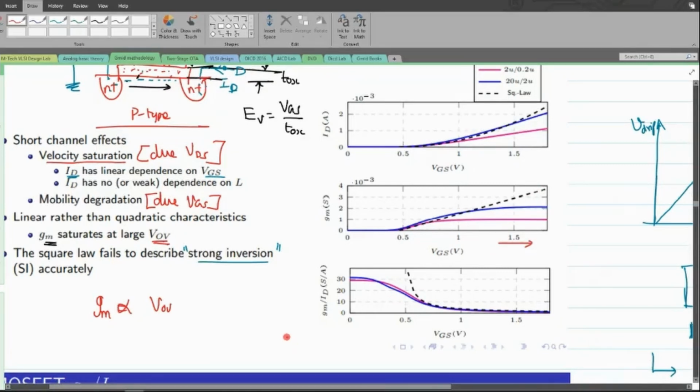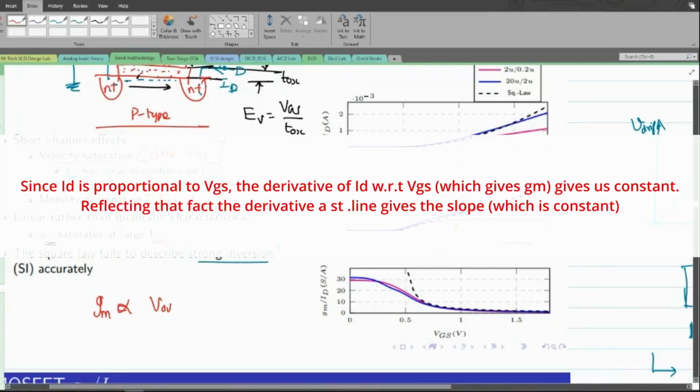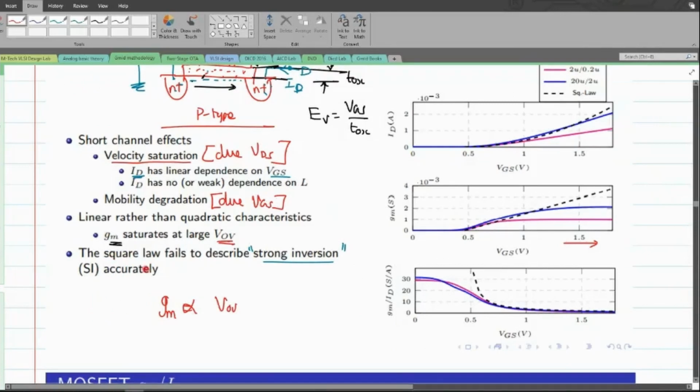But what has happened here is that the gm of the transistor is getting saturated. So one thing we could conclude is that in strong inversion, the square law basically fails. That is the final conclusion when we look at a real device.